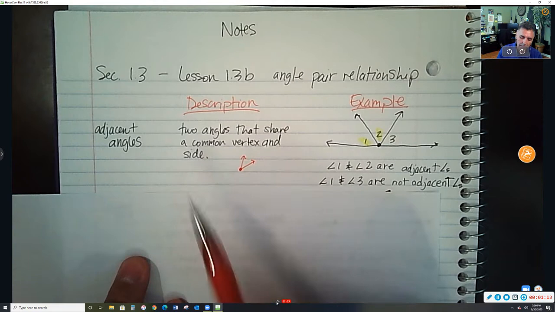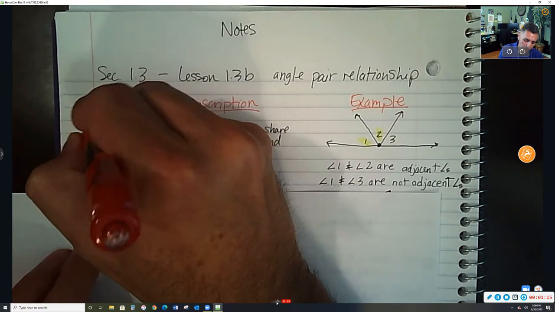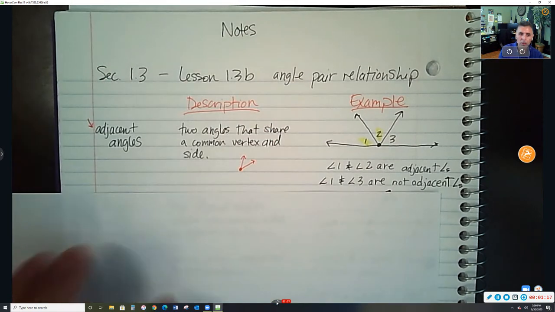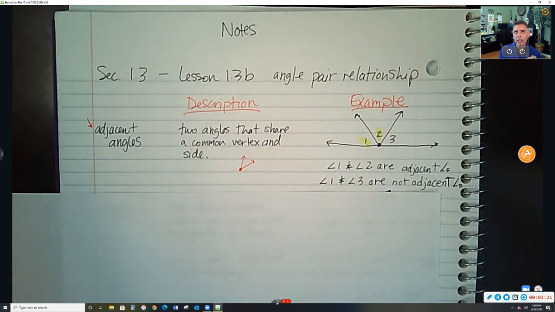Now, it's also helpful if you know what the word adjacent means. When I hear the word adjacent, I think right next to. I'm not an English teacher, I won't say I know the best grammar, but adjacent means next to.